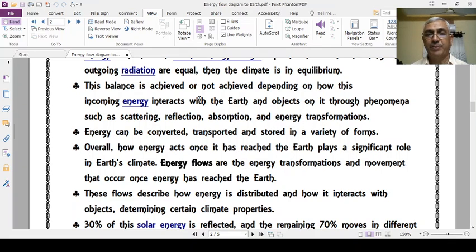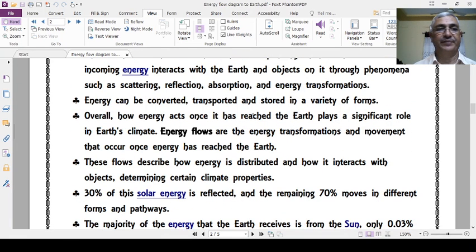This balancing of incoming and outgoing will be achieved or sometimes not achieved. It totally depends upon how the earthly objects interact with three or four phenomena, that is scattering, reflection, absorption, and energy transformation.